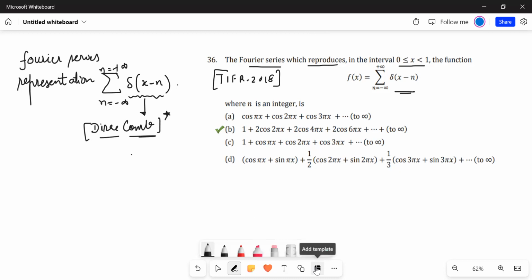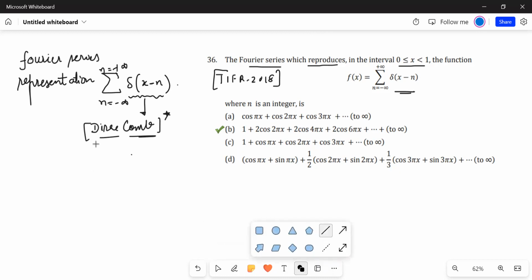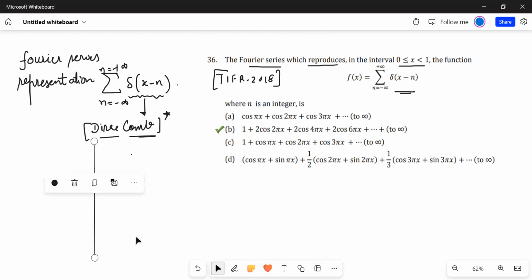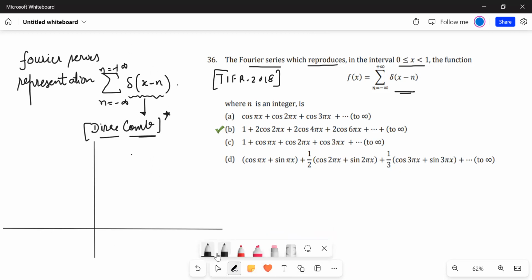See, what will happen? If I plot this particular graph, you will find that you get a comb-like structure only. Okay. So what does it mean?